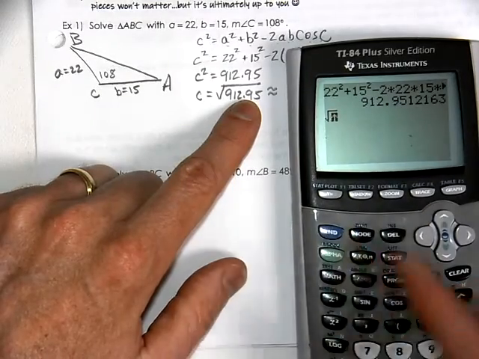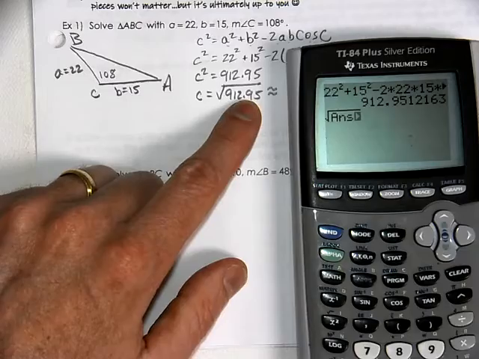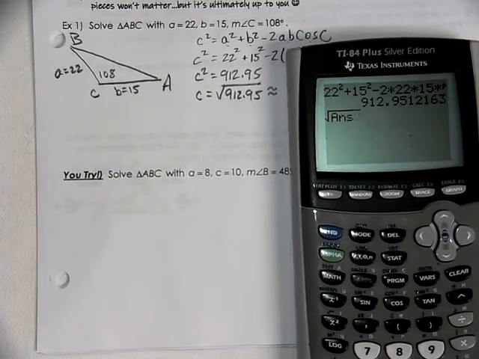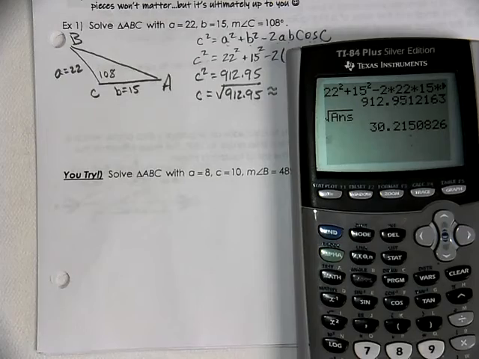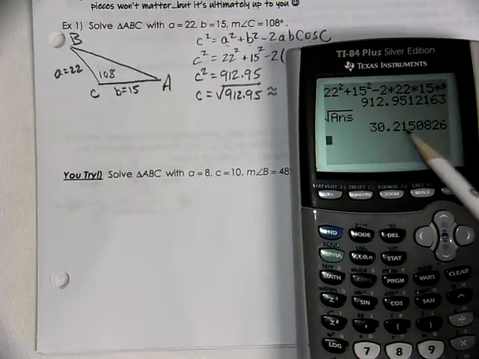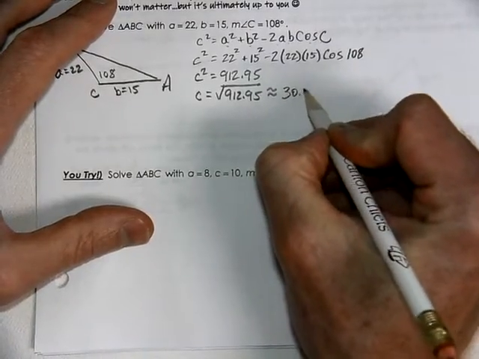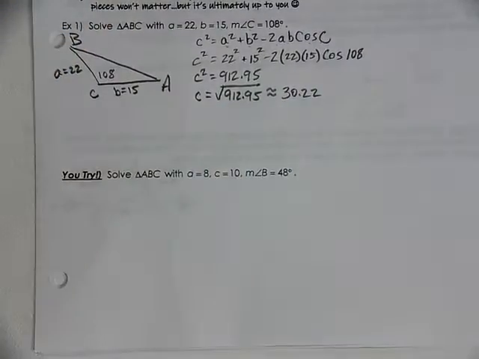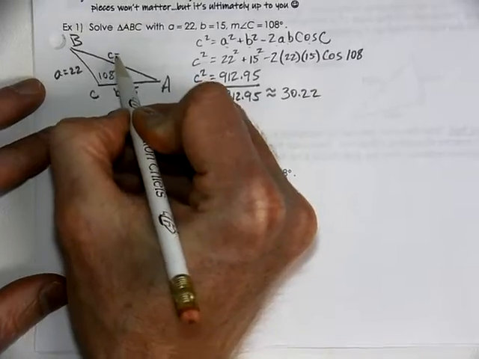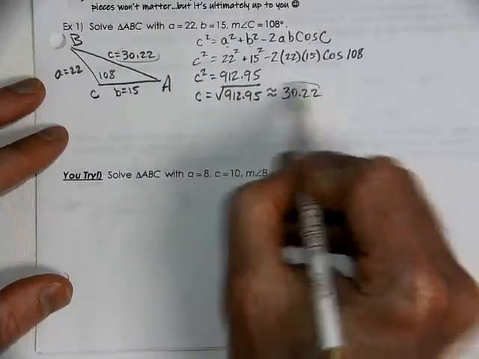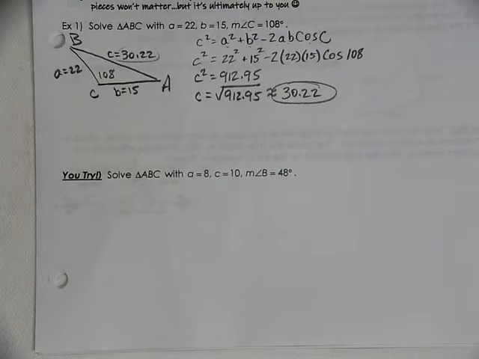I'm going to use the previous answer, the ANS button. That's the appropriate value to type in, and you get 30.22. So C is going to be 30.22, and we've found that side, which is right here.